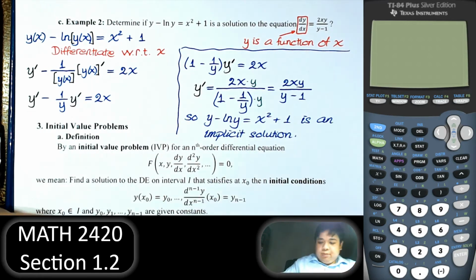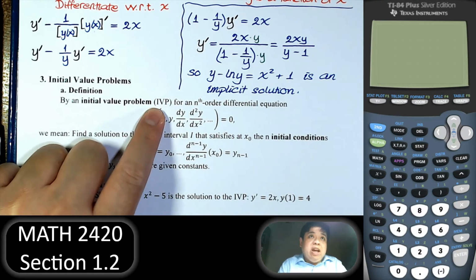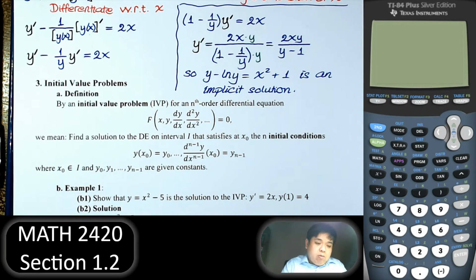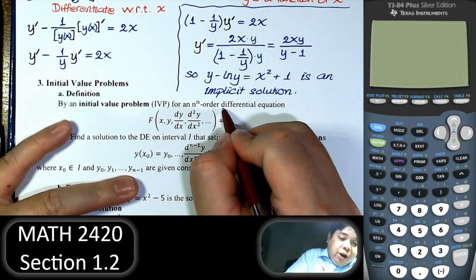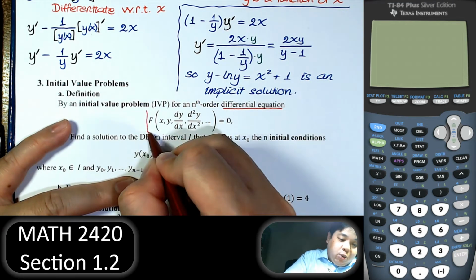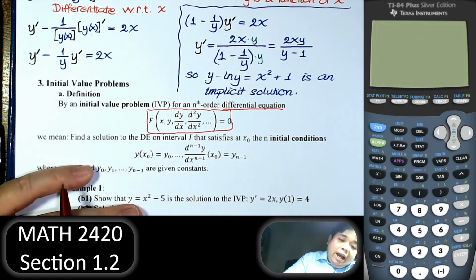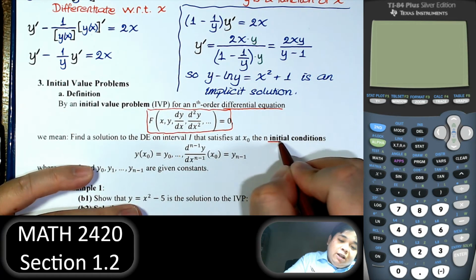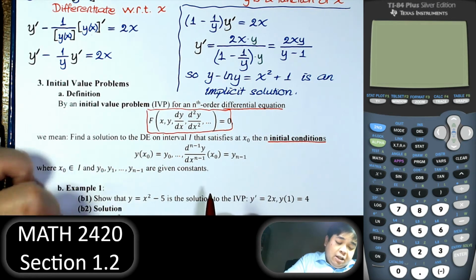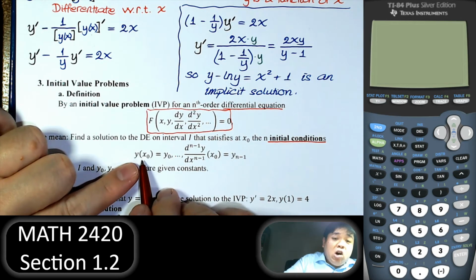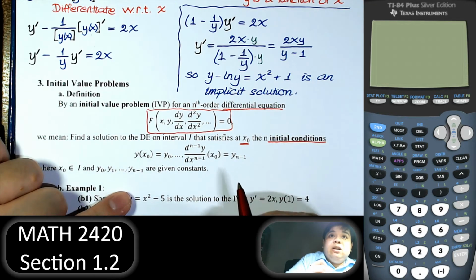Right, so next we have the initial value problem, abbreviated by IVP. An initial value problem is a set of differential equations. So we're going to have a differential equation, let's say given in this form, and then we will have the initial conditions. The initial condition is the condition of the function or the derivative at an initial value x0.